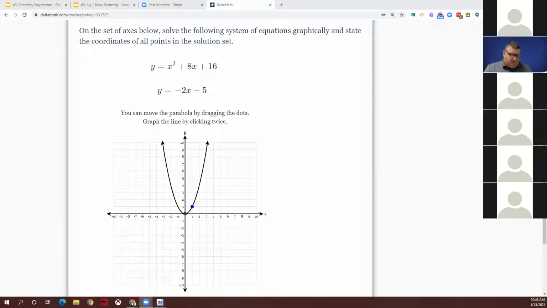Okay, so if I wanted to graph this super fast, I say A equals 1, B equals 8, C equals 16. Graph him up, which means I'm going to say B squared minus 4AC.